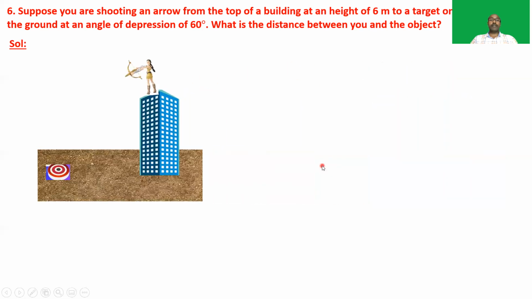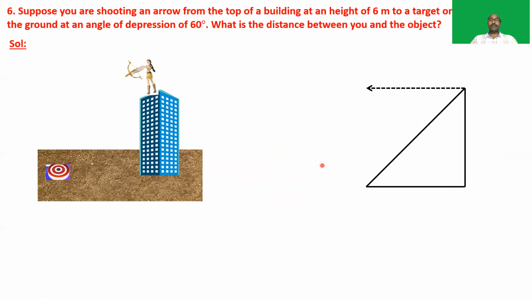So from this picture we can draw the lines, the ground and the building, and this is the line of sight. It is a horizontal line, and the angle of depression is 60 degrees. Here the angle is 90 degrees. So let A be the top of the building, B the bottom of the building, and C the target.